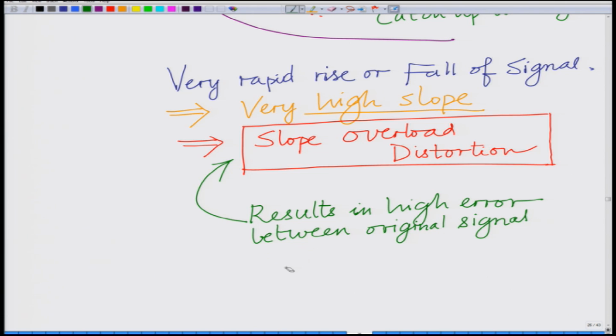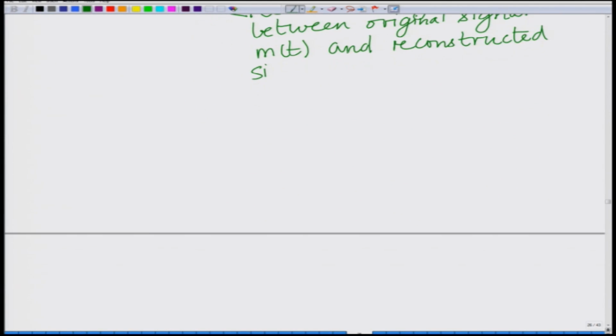between the original signal m(t) and the reconstructed signal from the delta modulation.